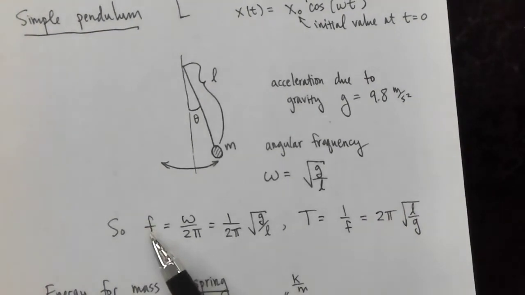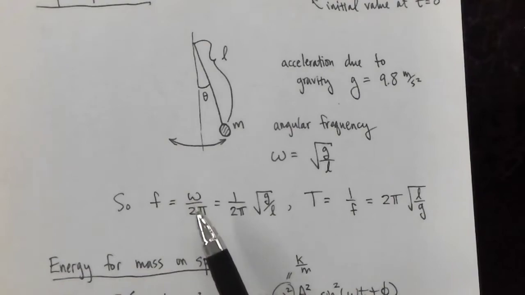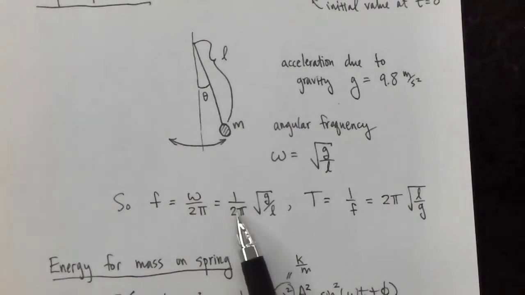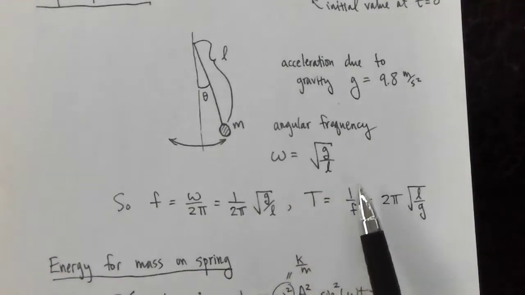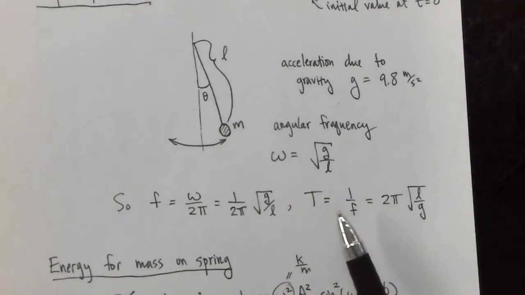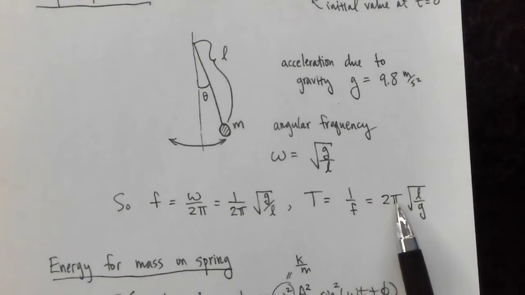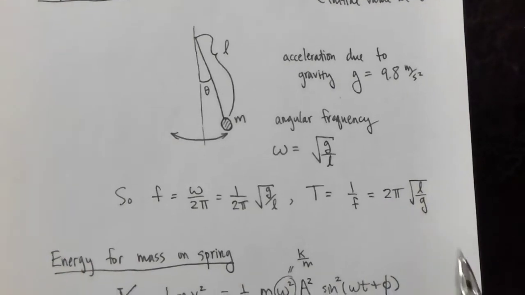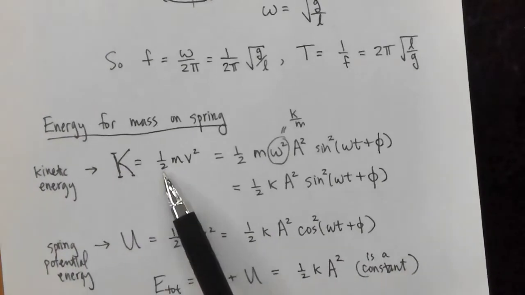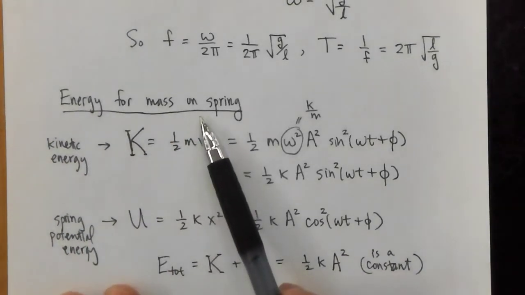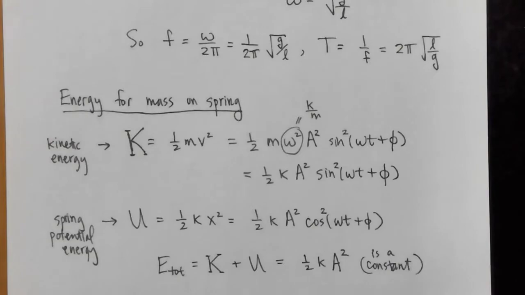Okay, so now then the regular frequency f is omega over 2 pi. So it's 1 over 2 pi square root of g over L. And then the period is 1 over the frequency. That's 2 pi square root of L over g. Now, one last thing we can do is talk about the total energy, the energies.